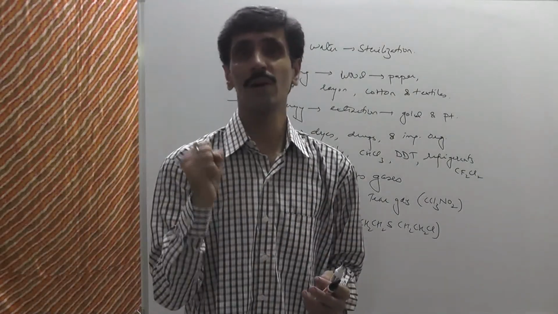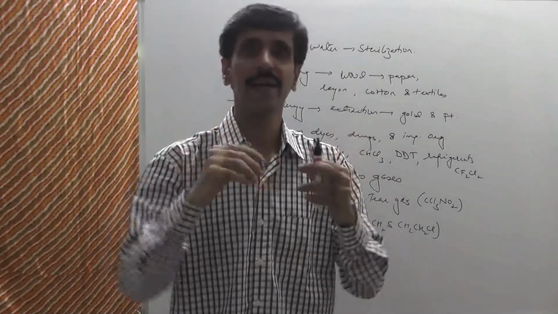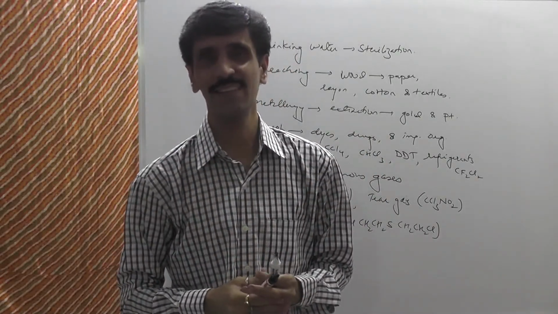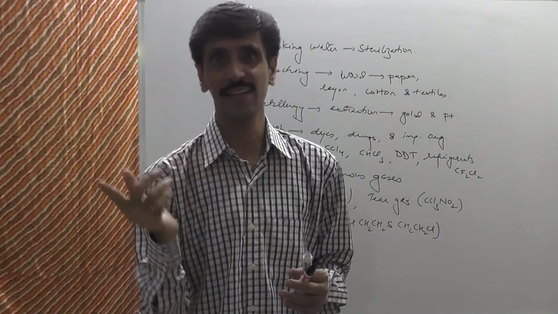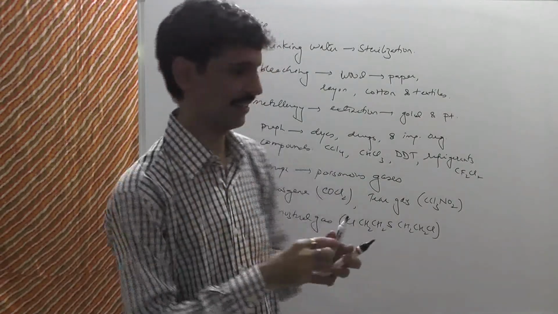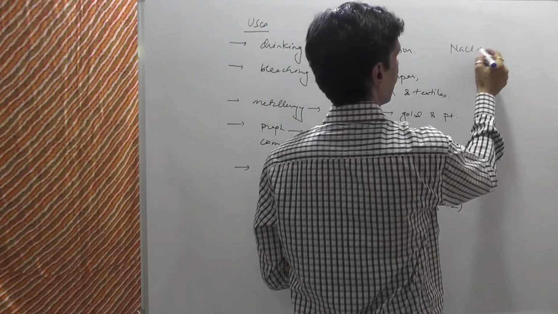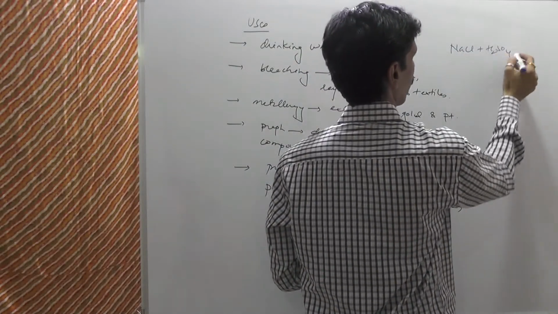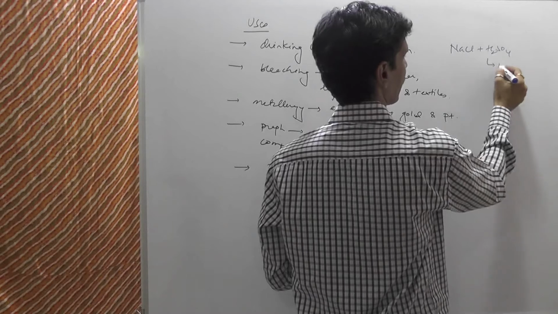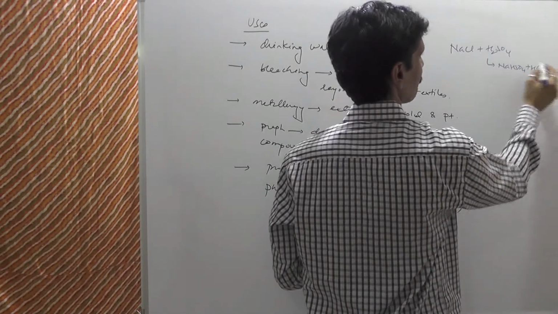Now one of the most important things which I want you to understand, and that's the reason I kept it towards the end, is this: can you ever imagine that from salt also chlorine gas can be prepared? देखो कैसे बनाया जाता है. What we do is we take NaCl, we treat this with H2SO4, it results in the formation of NaHSO4 plus HCl.